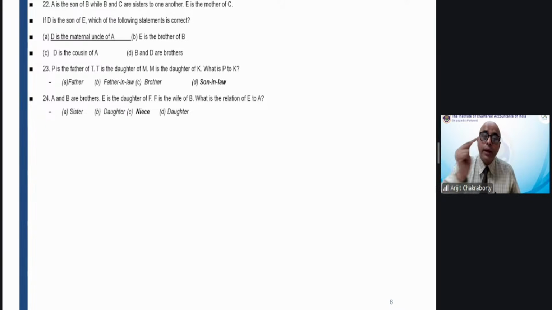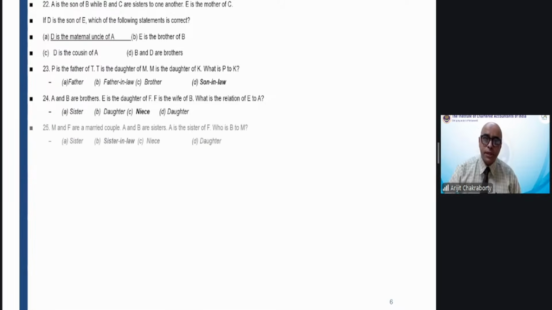E is A's brother's daughter. Daughter of brother means niece. My brother's son will be my nephew. So brother's son is nephew, brother's daughter is niece. So question 24, option C is the right answer.